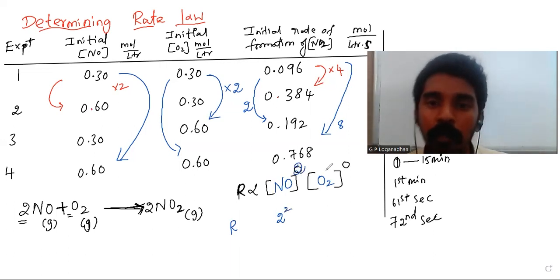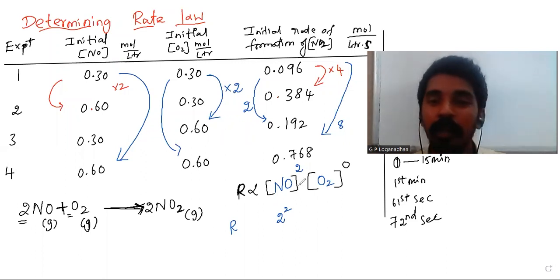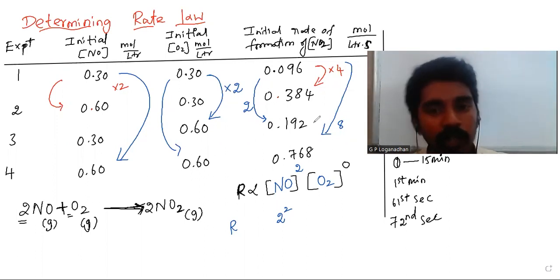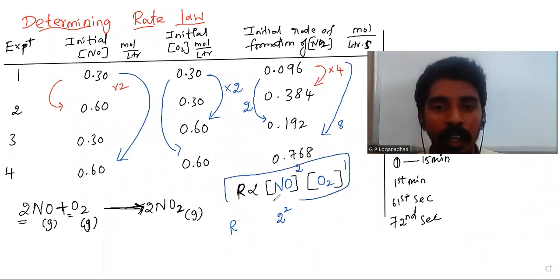Understand? The rate of the reaction increases by 4 times when the concentration of NO increases by 2 times. Now you check the concentration of O2. When the concentration of O2 is doubled, the rate of formation of NO2 is also doubled. So it is raised to the power only 1. If this is increasing 2 times, then the rate is also increasing by 2 times. And this is how you find the rate law.